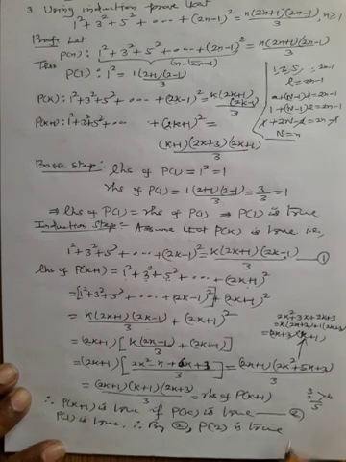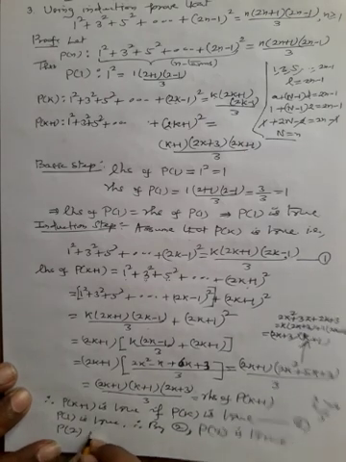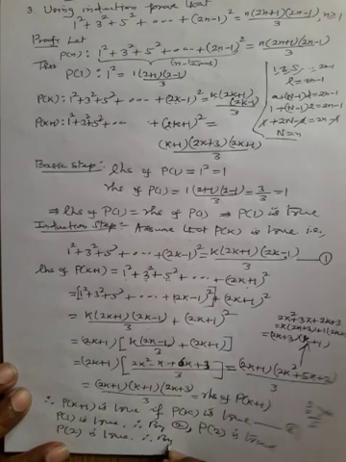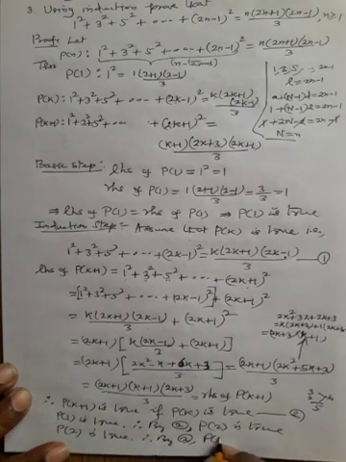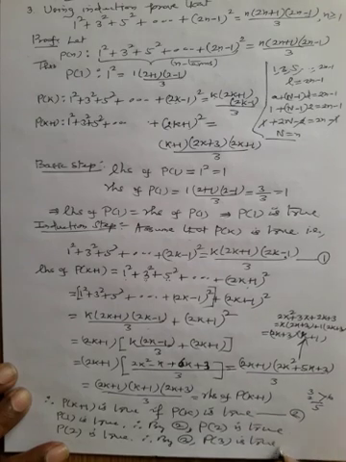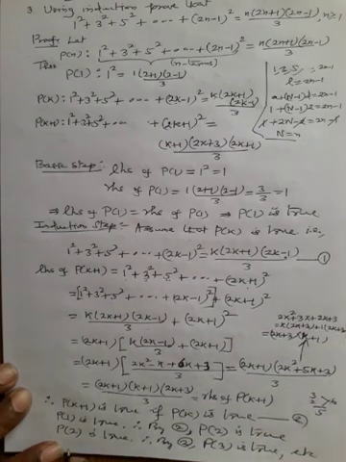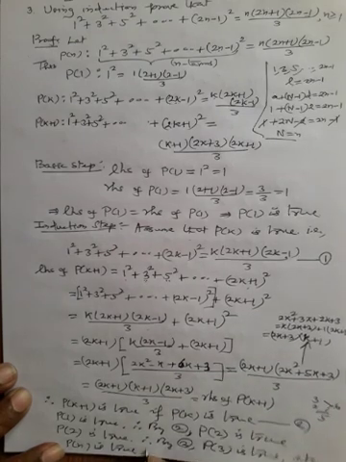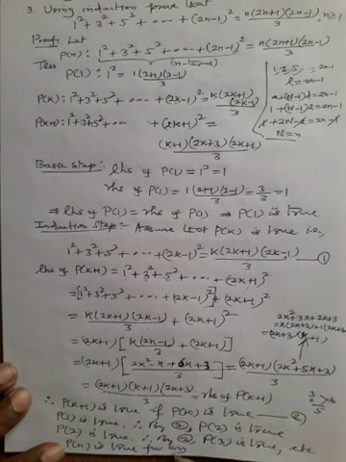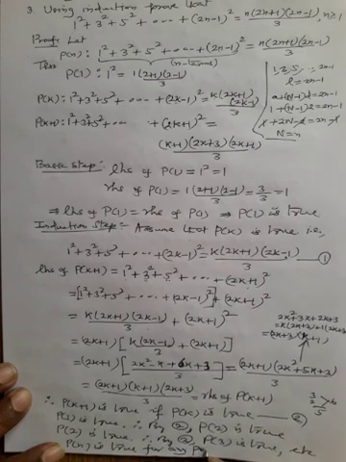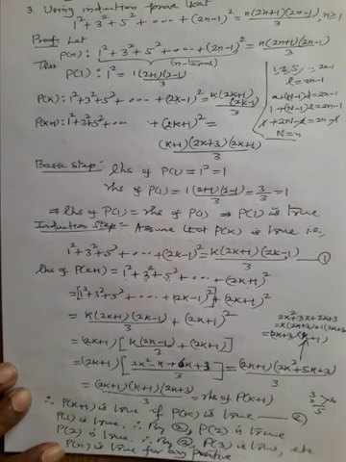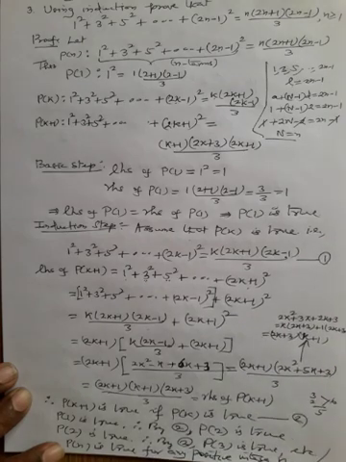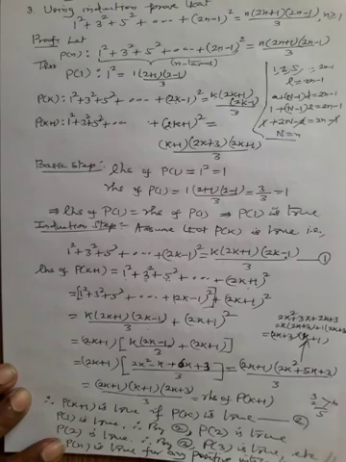P of 2 is true, therefore by 2, P of 3 is true, etc. P of n is true for any positive integer n. So this completes problem 3 and also video 55.